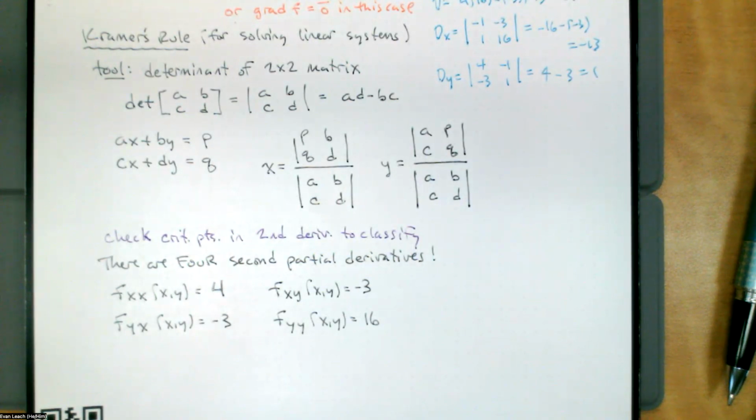Let's check our thinking, check our memory. Remember that when the second derivative at a critical point was positive, we would say that the function is concave up and we had a minimum.